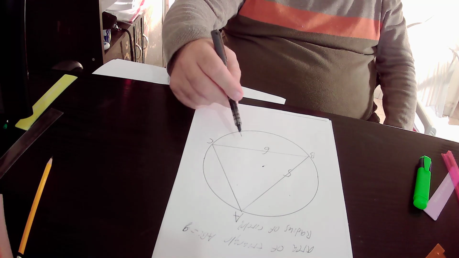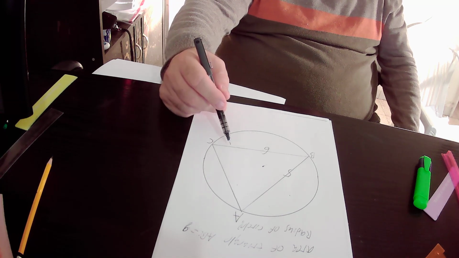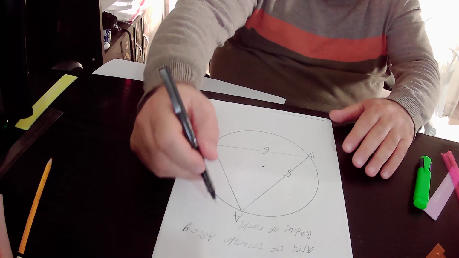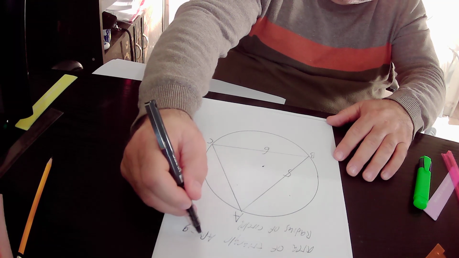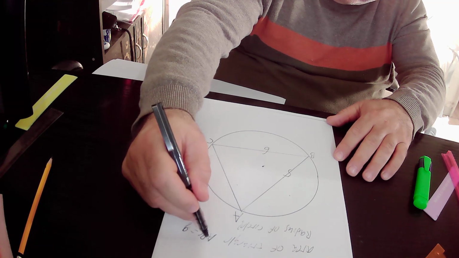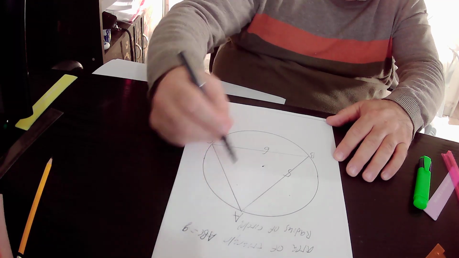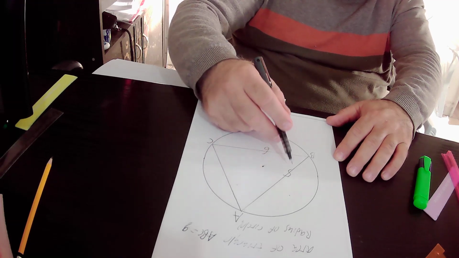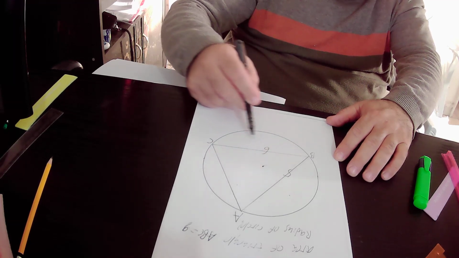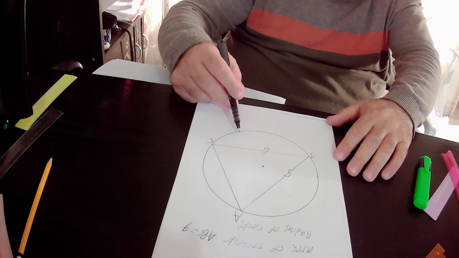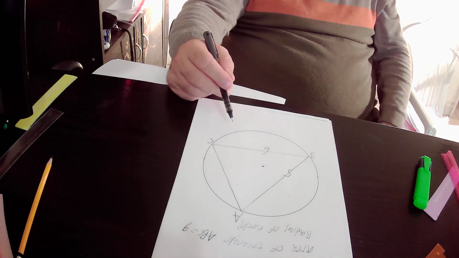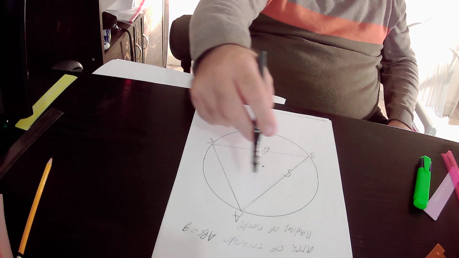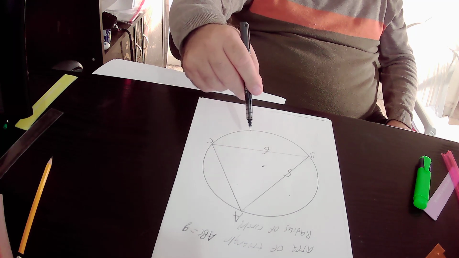We know that the area of triangle ABC equals 9 square units. Side AB equals 5 units, and side BC equals 6 units. We want to find the area of this circle that circumscribes triangle ABC.